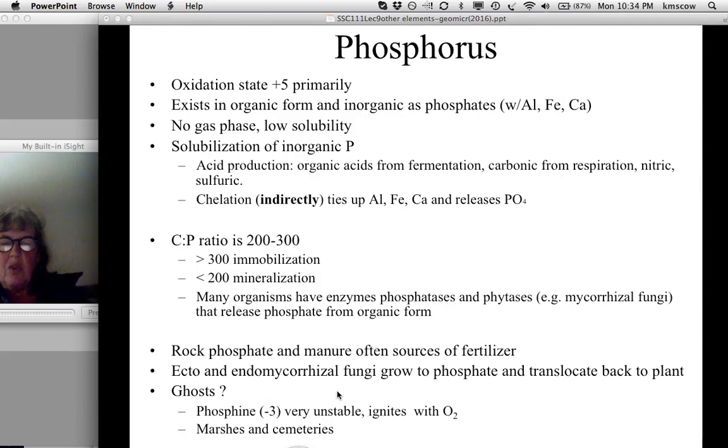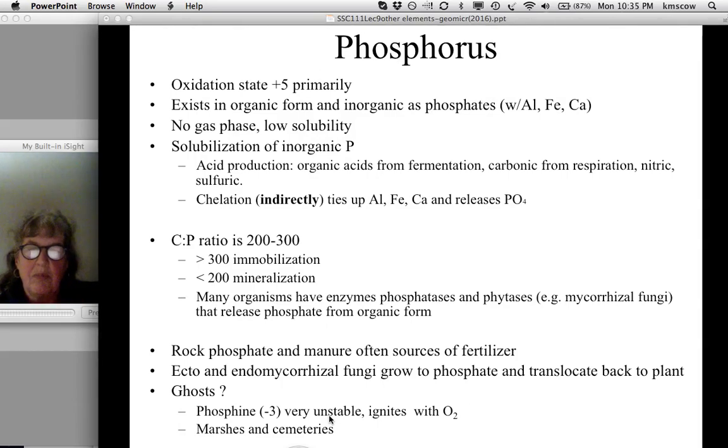When corpses decompose, they create very anaerobic sites. He thought that under those conditions, the phosphate could actually be reduced to phosphine, to a -3 form.